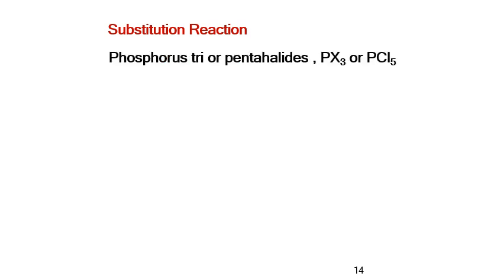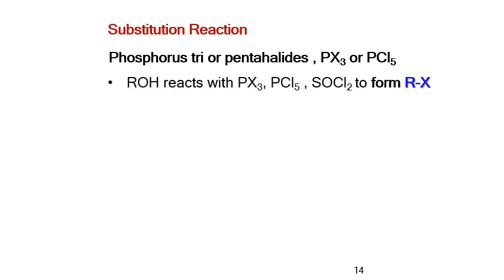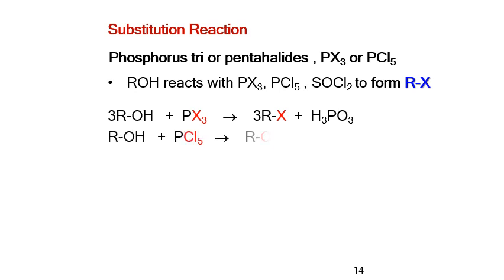Phosphorus tri- or pentahalides PX3 or PCl5. Alcohol reacts with PX3, PCl5, SOCl2 to form RX, haloalkane. The equation is 3 mole of alcohol reacts with PX3 to produce 3RX plus H3PO3.